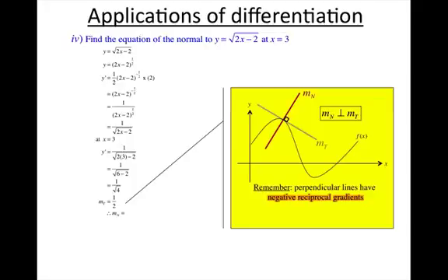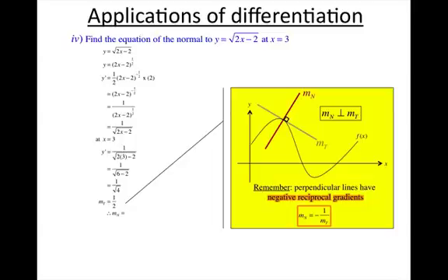And what do we know about perpendicular lines? It's that they have negative reciprocal gradients. What does that mean? Well, for example, the gradient of the normal is equal to negative 1 over the gradient of the tangent. So if the gradient of the normal is, say, 3, the gradient of the tangent is negative 1/3. Negative and flipped over. If the gradient of the normal is 7 on 2, the gradient of the tangent is negative 2 on 7.